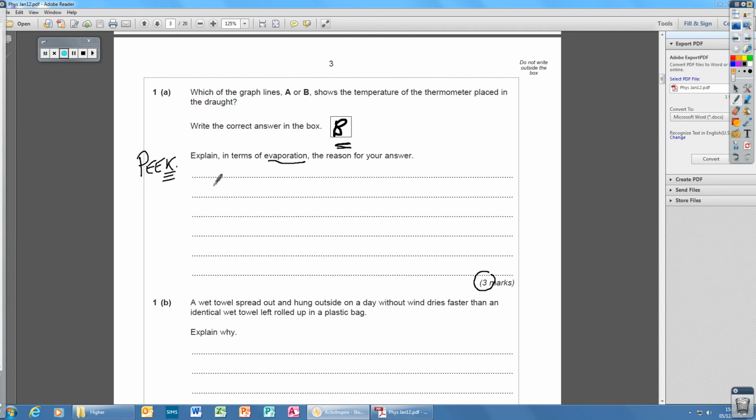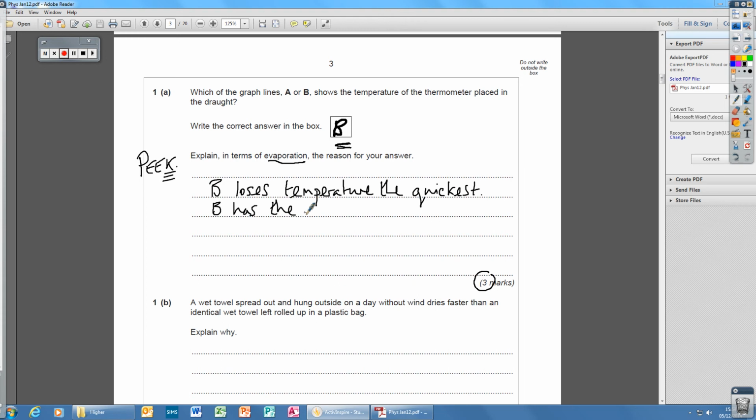So I'll try and say B loses temperature the quickest. Okay, but that's not really an answer because I've not mentioned evaporation at all, so let's give it another go. Okay, so B has the most evaporation. Okay, now we're getting there.